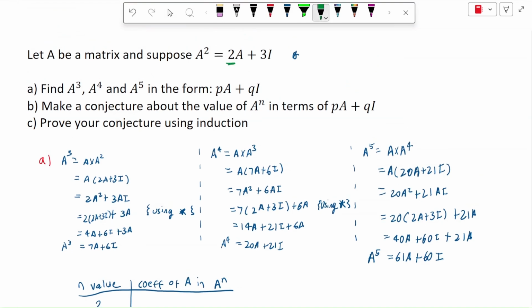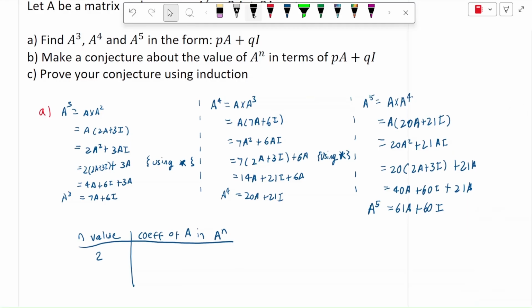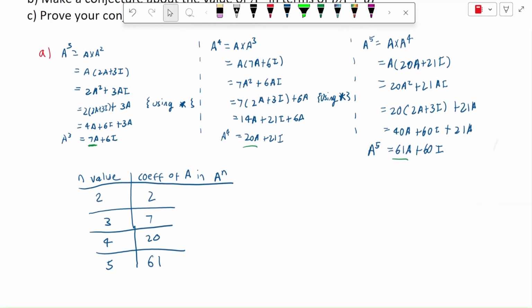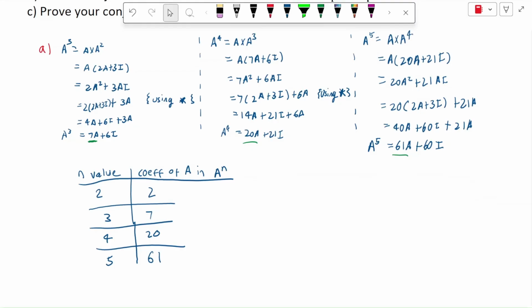So that number would be 2 in front of the A. If n is 3, we're looking at A cubed, so that's 7A there. So the next one across should be 7, then 20, and then 61. And so on and so forth. Now that I've got this table, again, pause the video and really try and spot the pattern here. Well, not spot the pattern, but see if there's a way that you can work out what the pattern's going to be.